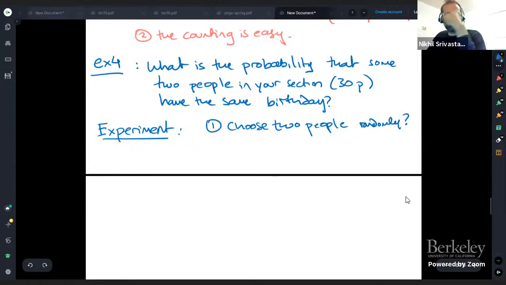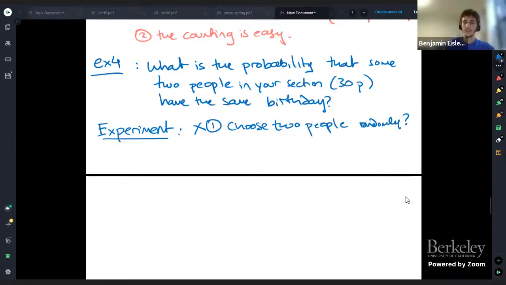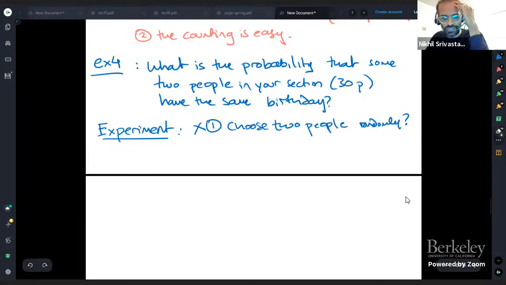So this is actually more of a question about the whole section. Are there 2 people in there that have the same birthday? So this is not actually quite the right experiment. We could assign a birthday to each different person. So this is a modeling question. It's not a math question yet.